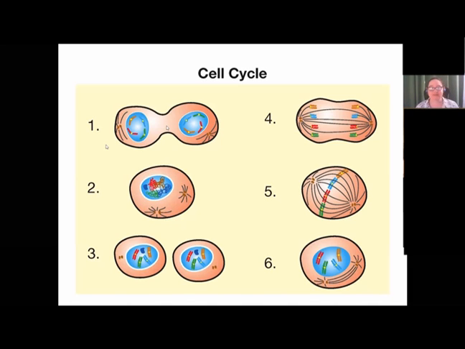We use a telephone. We call it a cell phone now, but back in my day, we called it a telephone because it helped us to talk to people and hear people that are far away. So this is telophase because they're still 1 cell, but they're far away from each other. Those nuclei are far apart.